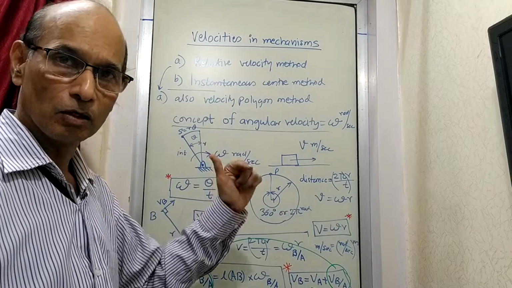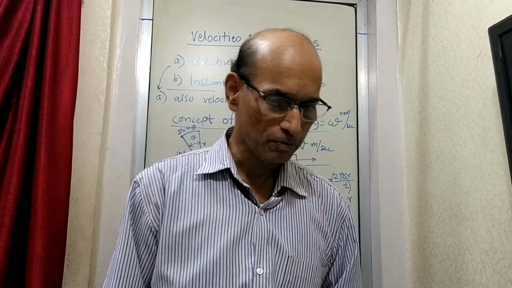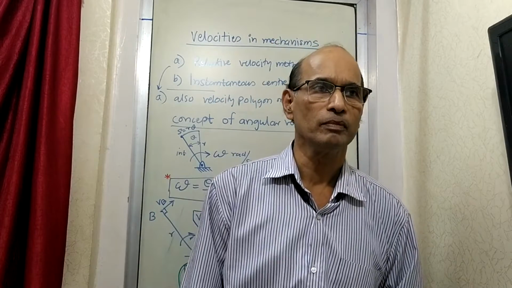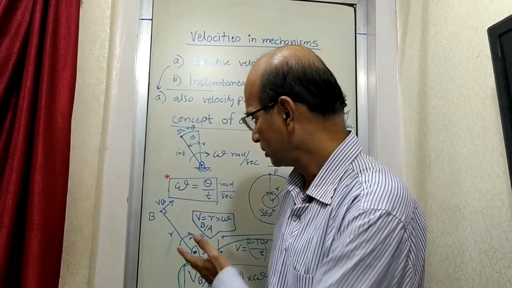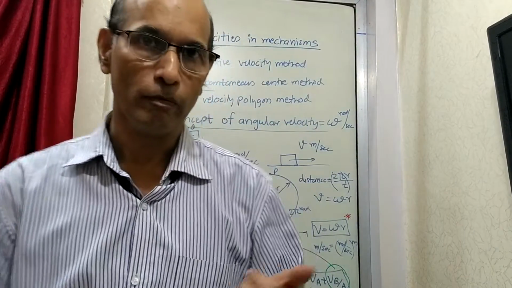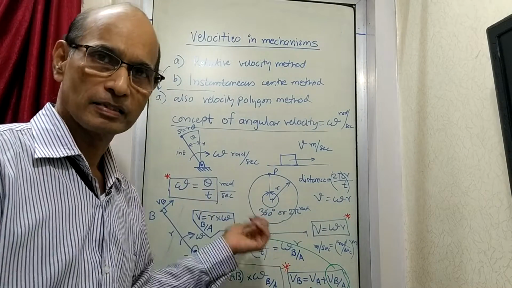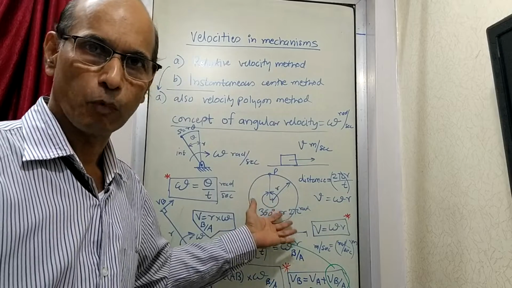That is in the third rule. It is perpendicular to the line joining the two points. Having done this much, we are now in a position to find the velocities of many other points on the link, which we will see next. So take good note of these points.